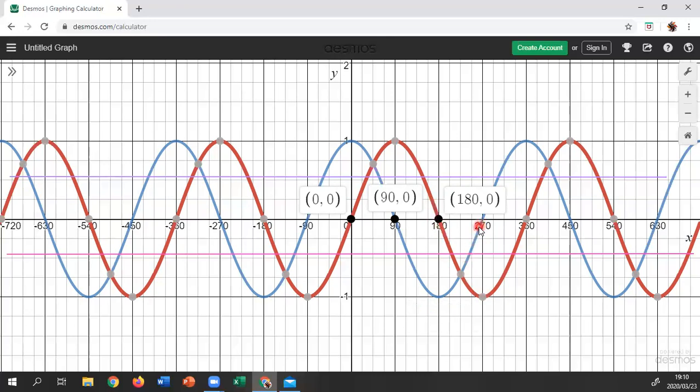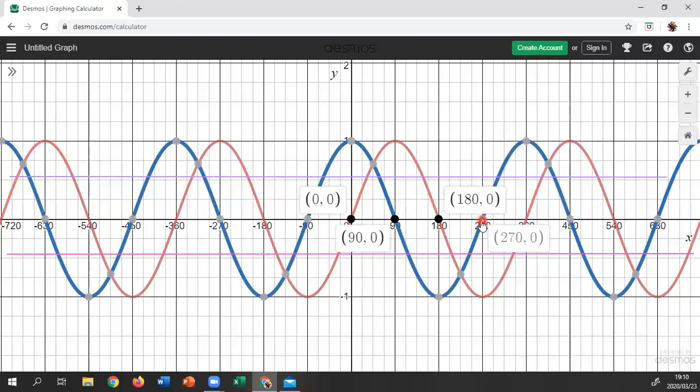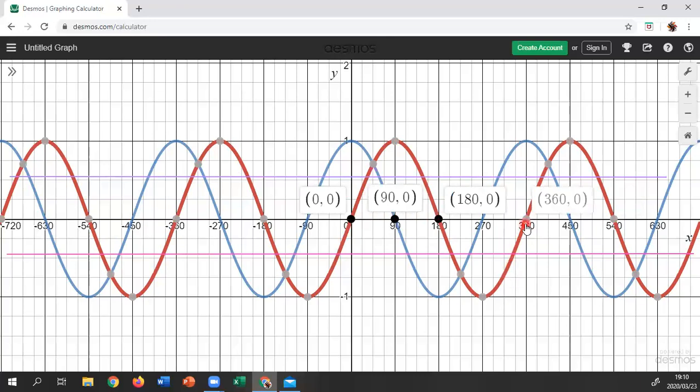In the case of cos, there's a -1. 270, again, we can go on. In the case of cosine, it is 0. In the case of sine, it is -1. 360, it is 0 in the case of sine, and it is +1 in the case of cosine.